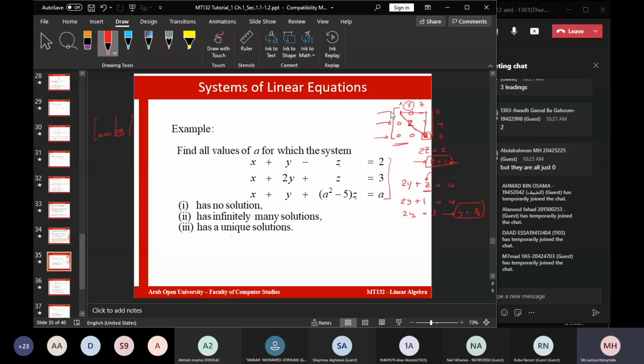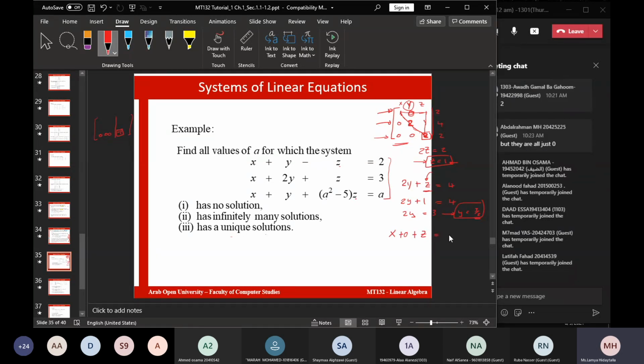Now what remains? We come here and solve. We have x plus 0 times y, but 0 times this number is 0, so plus 0, plus the last one, z, equals 2.